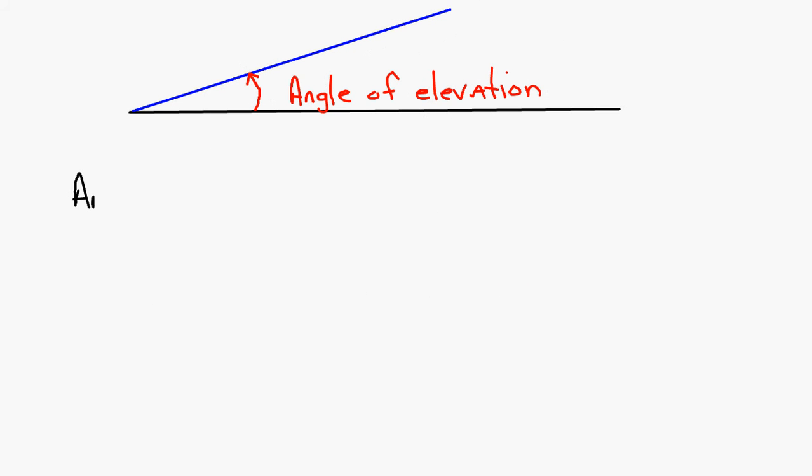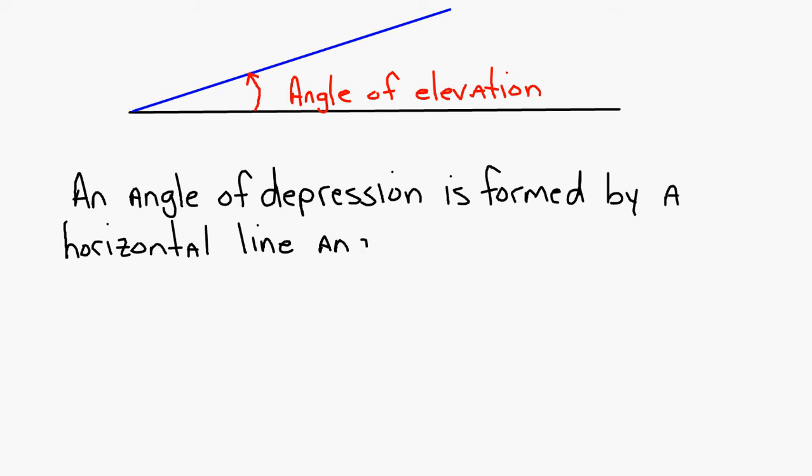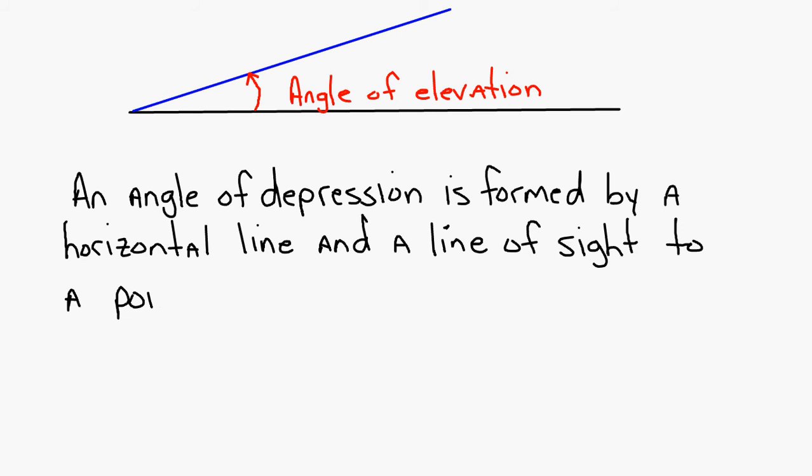An angle of depression is formed by a horizontal line and a line of sight to a point below the line.